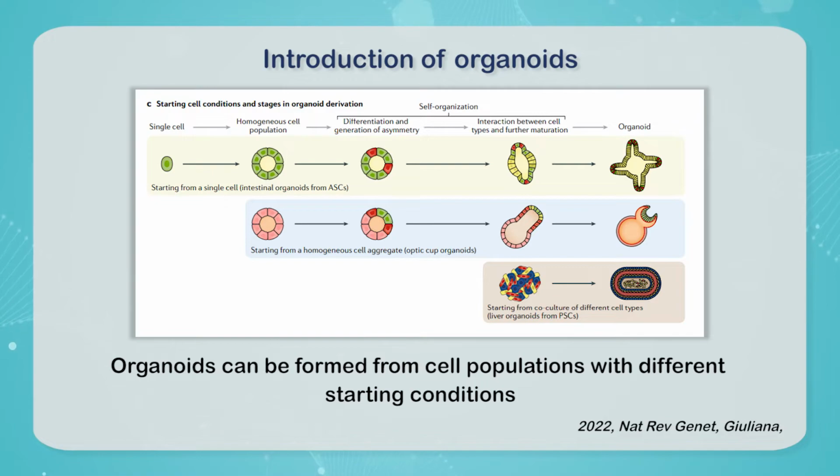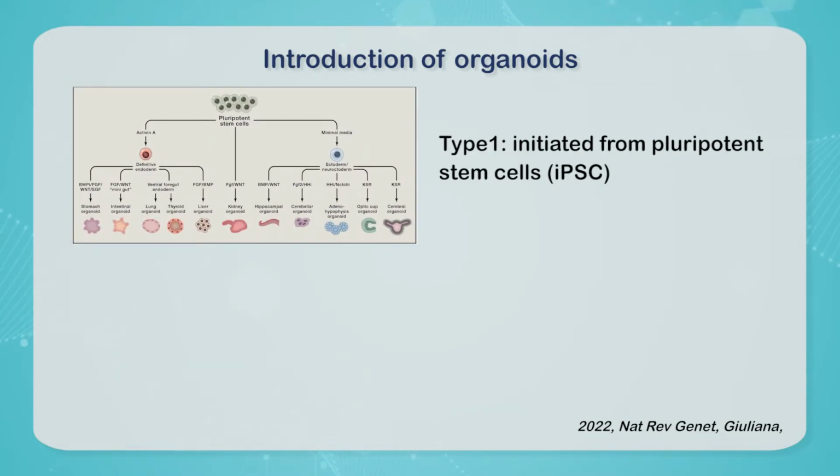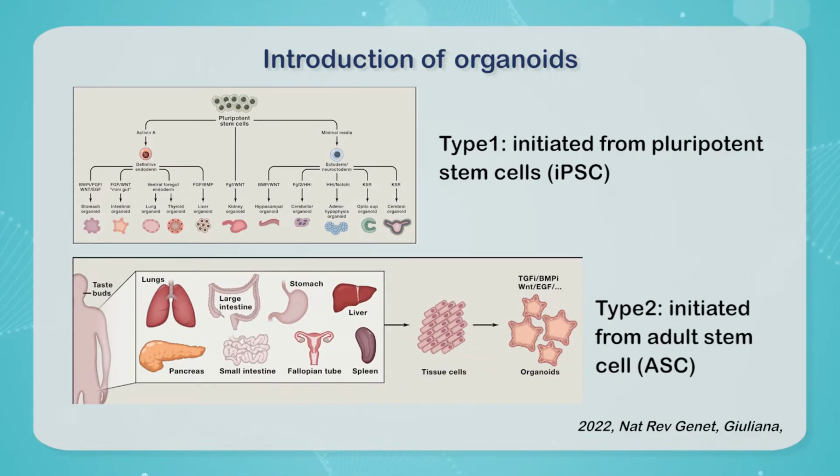The initial conditions are aligned with different steps of organoid development. Nowadays, induced pluripotent stem cells, that is iPS, and adult stem cells have been widely utilized in establishing organoids.